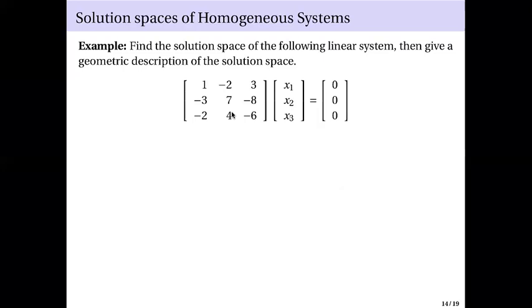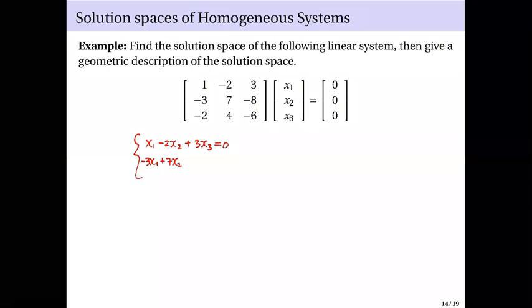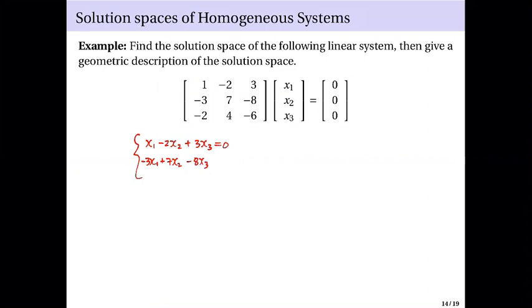This guy here will be similar to the linear system: x1 minus 2x2 plus 3x3 equals 0, and negative 3x1 plus 7x2 minus 8x3 equals 0.